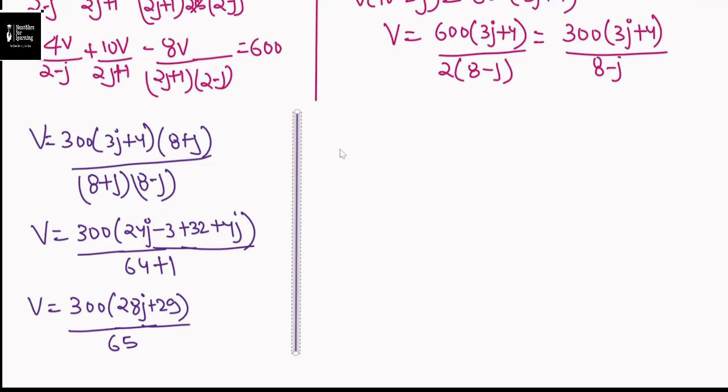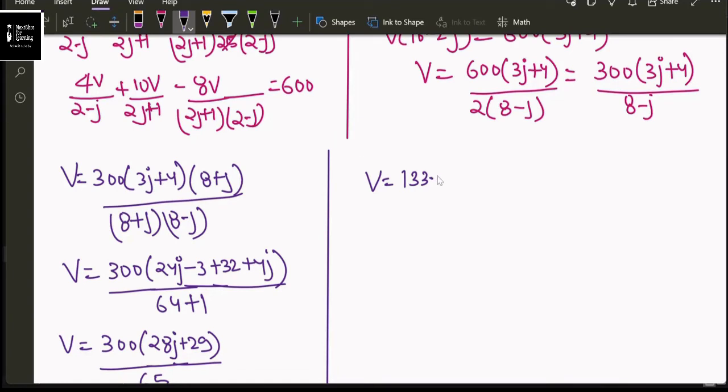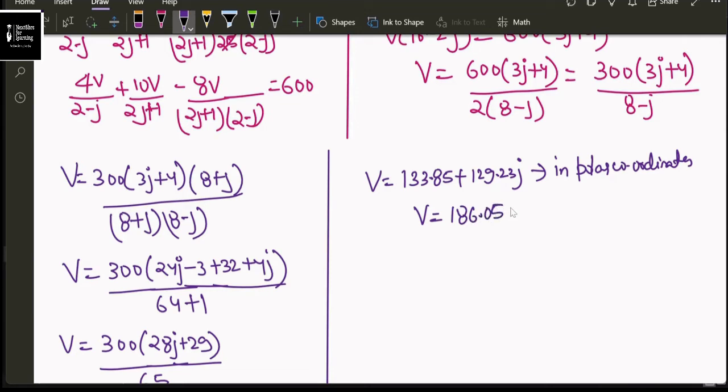So it is equal to 133.85 plus 129.23 J. In the polar coordinates we obtain the value of V is equal to 186.05 and the angle is 43.994.